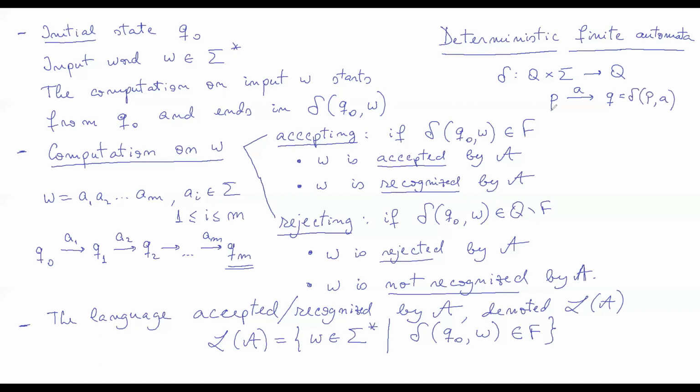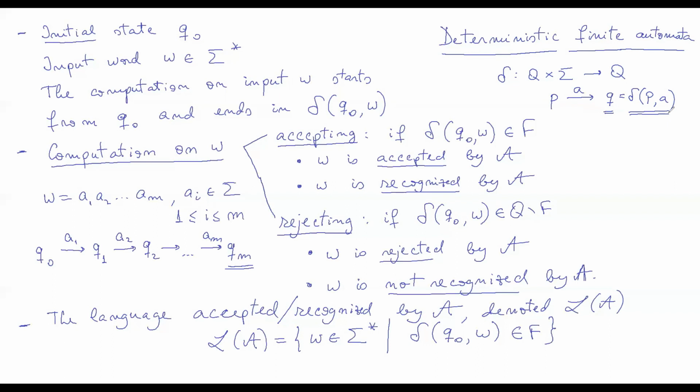So in other words, when you are in this state P and you do a computation with letter A, this computation is deterministic. There is only one single possible output to this computation. From P with letter A, there is no other way than to go to Q, which is exactly what delta is saying.